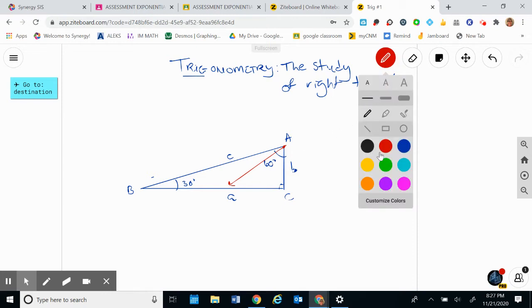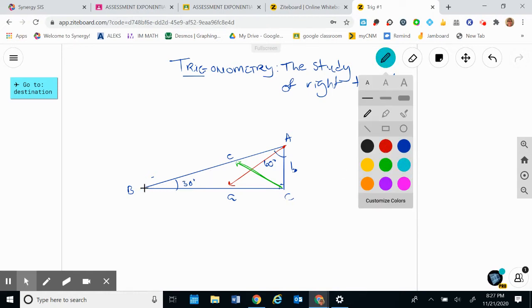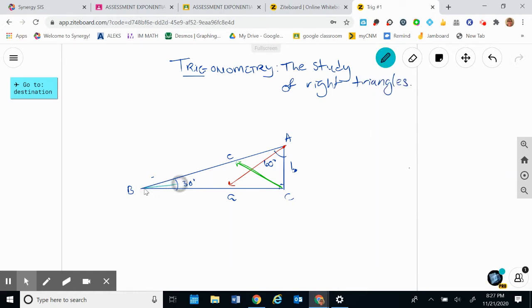So A goes with A, C goes with C, although we typically don't use that one, and B goes with B, because the hypotenuse is always going to be the hypotenuse, and 90 is always going to be 90, so it's not quite the same way. See? Big B, little b, opposite sides to the angle.